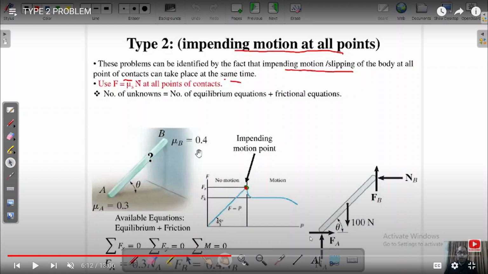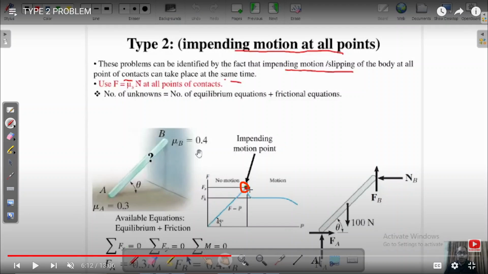And if you look at the motherly friction curve, which explains the frictional forces with respect to the force applied P, type 2 problems are always occurring at this point. You must remember they will always be occurring at this point.